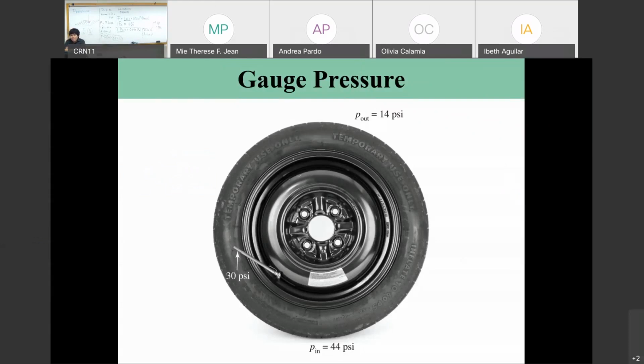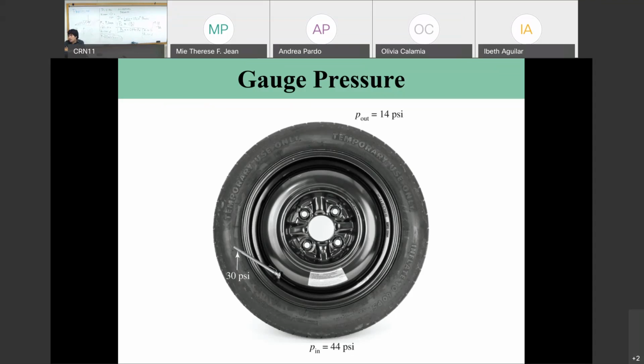So when you have a gauge, we call that gauge pressure, and you measure 30 psi, that is actually the pressure difference between the inside and the outside. Your pressure has to be approximately 25 to 30 more than the pressure outside.